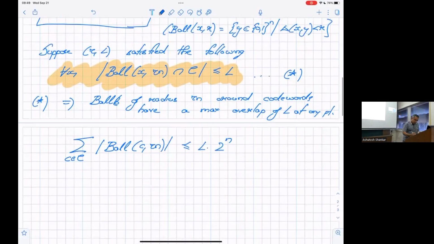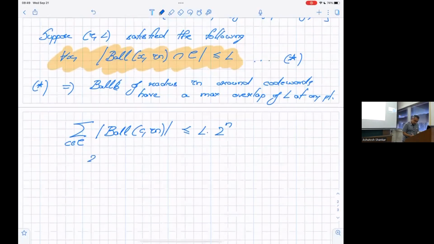Now, let's write the asymptotic version of this. It is just 2 power k into 2 power h2 tau n, which is less than or equal to 2 power n plus log 2 L, that is, R plus h2 tau is less than or equal to 1 plus log 2 L by n.